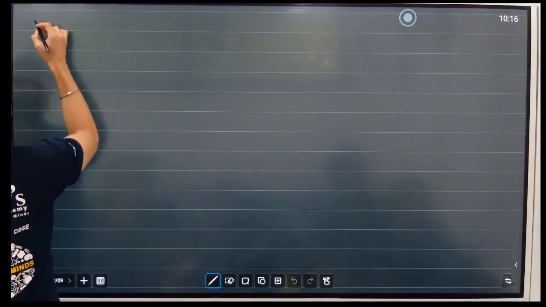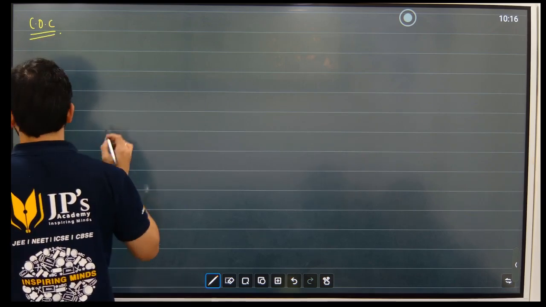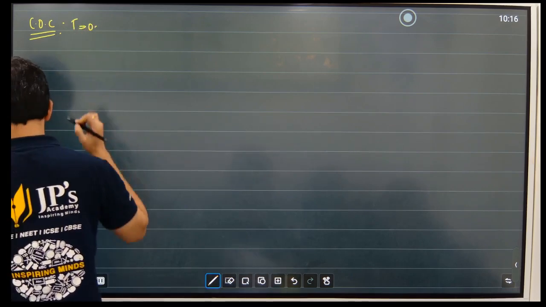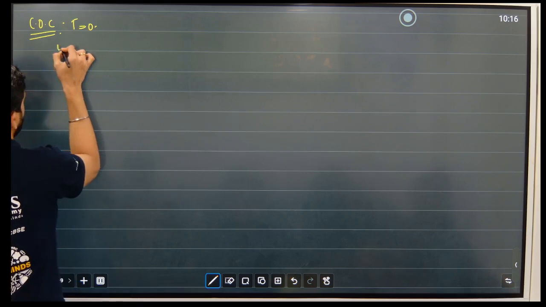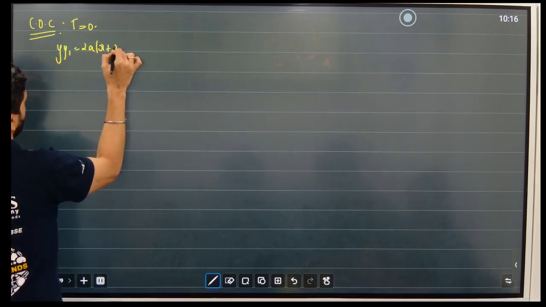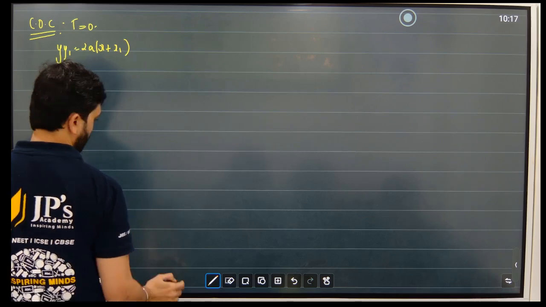Chord of contact. Basically we denote it by T is equal to 0. It means that y y1 is equal to 2a into x plus x1. This is the chord of contact.